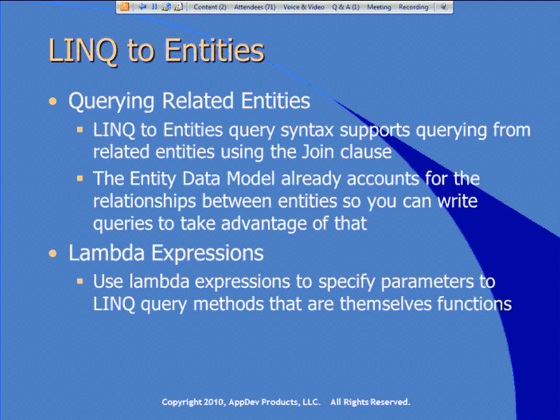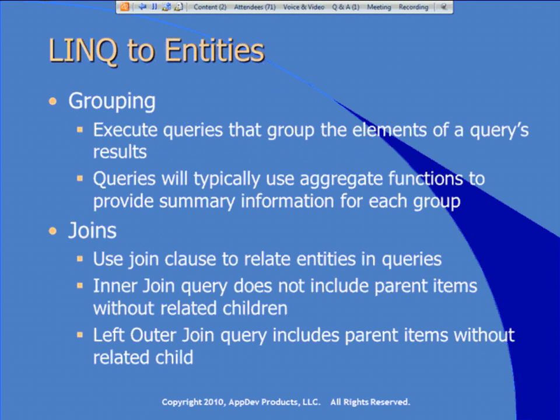So if I want to get the orders for a particular customer, I can just say customer.orders. I don't have to do a join. We can use lambda expressions. Lambdas are parameters that you pass to a LINQ query that are functions themselves.